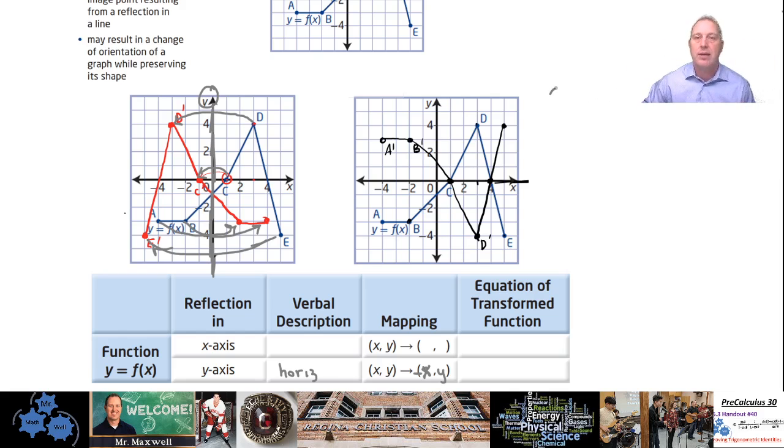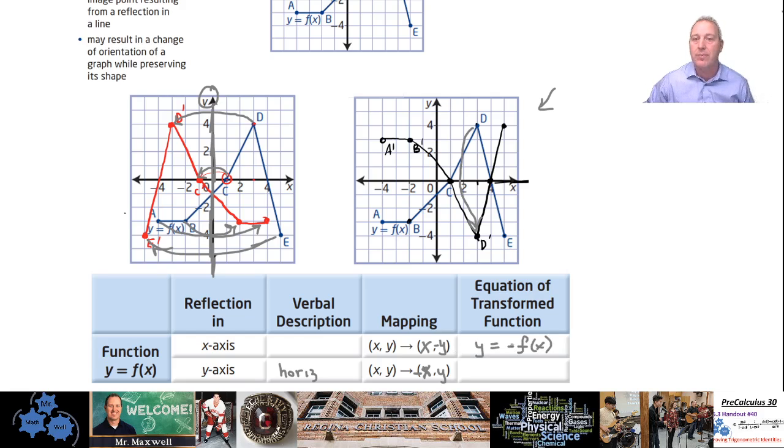This one over here is the vertical flip, like this. And so this D has actually come down here to this D prime. What's changed there? The x values are the same, but the y values are the negative version of themselves. So here x stays the same and we have a negative y. The function looks like this: with a negative y, it's y equals negative f of x.